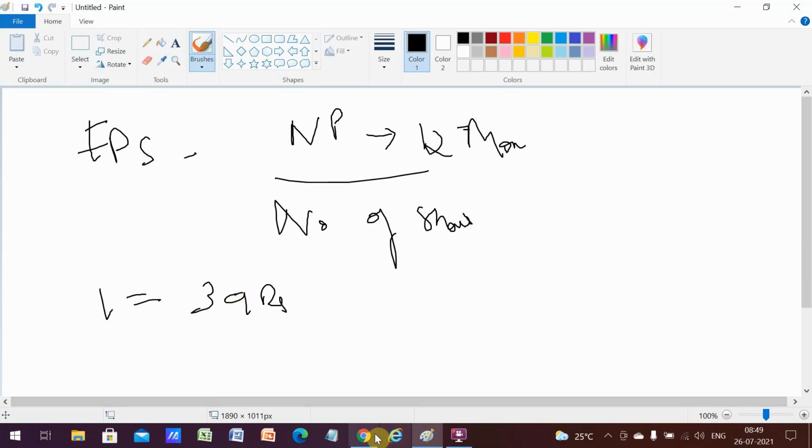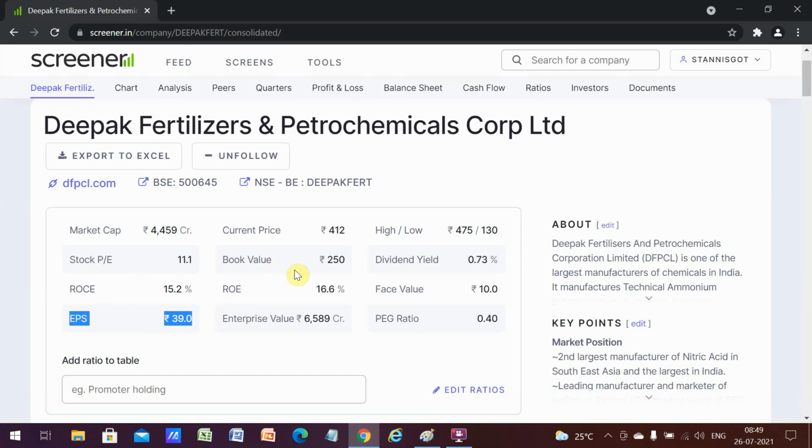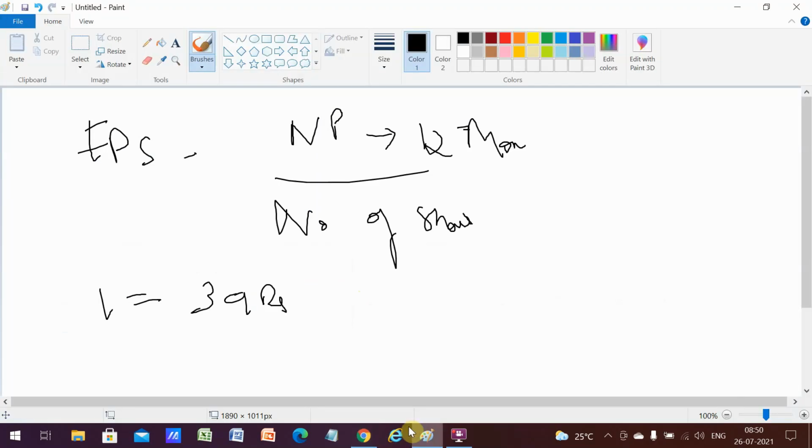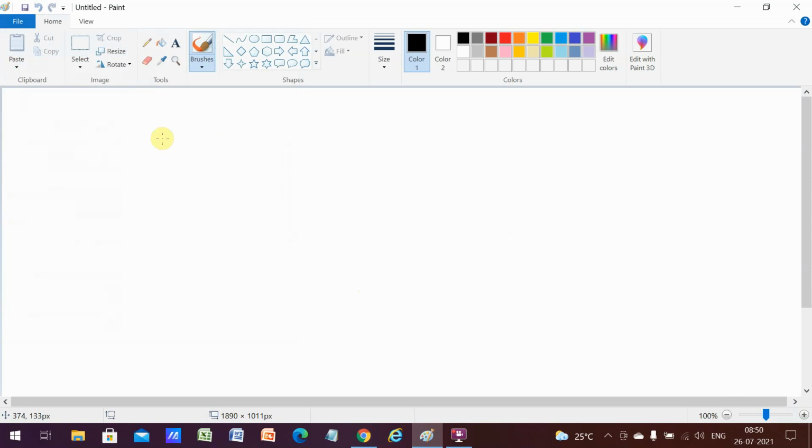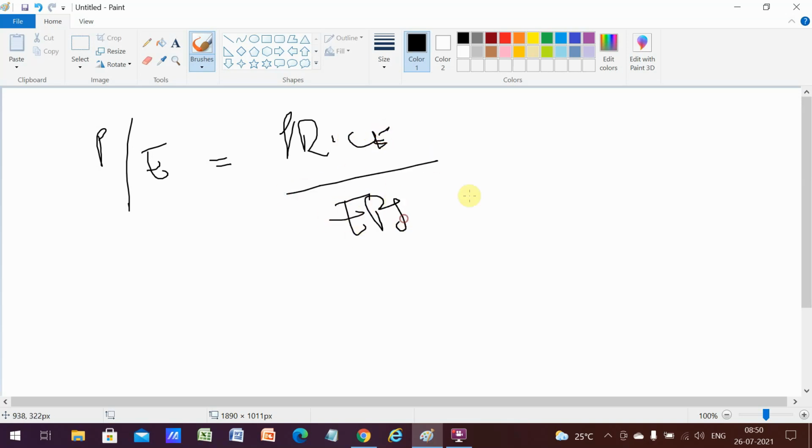We move on to the next one, that is the PE value, the price to earning ratio. What that is and how it is important. PE is nothing but the price, that is the current market price of the company, divided by EPS.